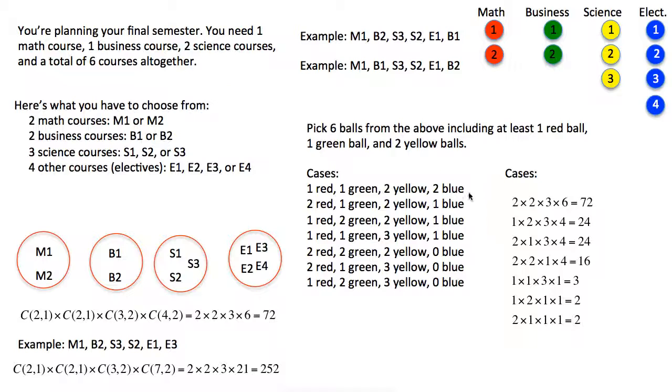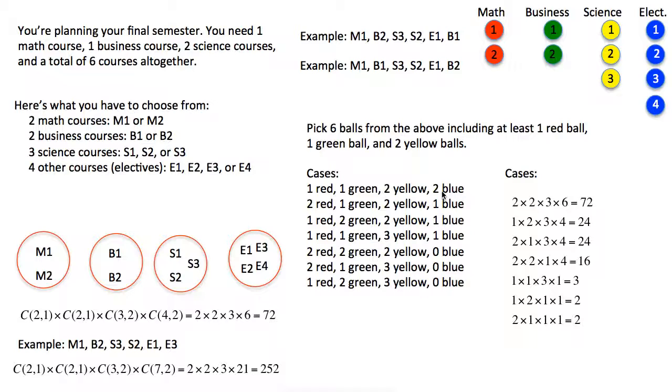Let's take the first one, for example, which really we've already done. The first case, 1 red, 1 green, 2 yellow, 2 blue, was the same case that we calculated over here on the left. Picking 1 red from the 2 reds can be done in 2 ways. One of the 2 greens, you have 2 choices. 2 of the 3 yellows, combinations of 3 things choosing 2 is 3.